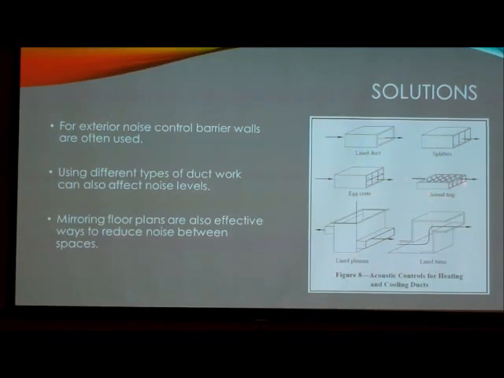I don't know if I've actually ever seen some of those. But I do know in Professor Mandy's class, we opted to try to use splitters and turns to help reduce noise. And then mirroring floor plans is also going to be a good way. So if you're doing a classroom building, you want to mirror the classrooms next to each other so common walls are being used for the same thing.